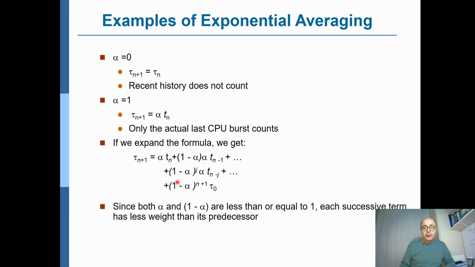Therefore, the weight of the far history is much lower compared to the weight of the near history. But this is actually a weighted historic averaging mechanism.